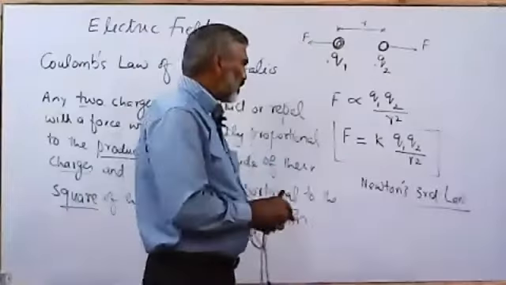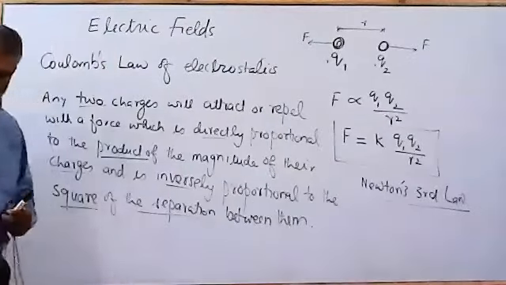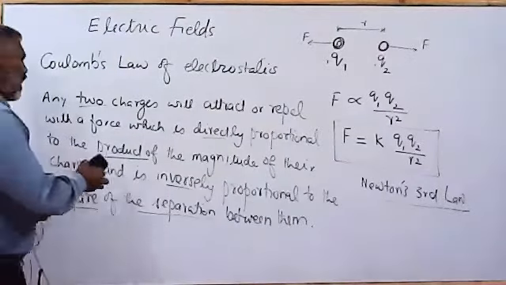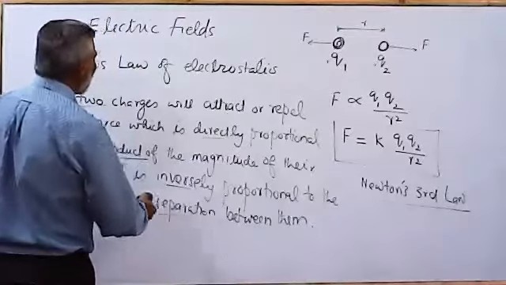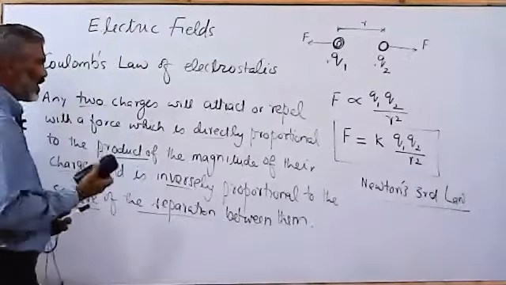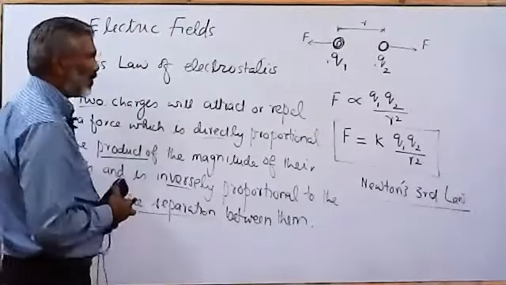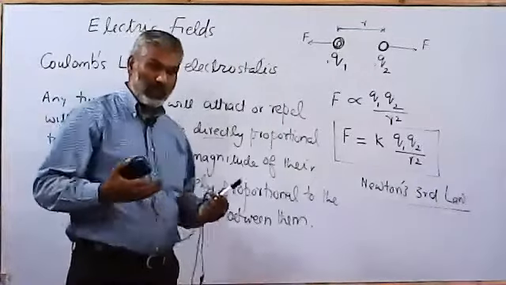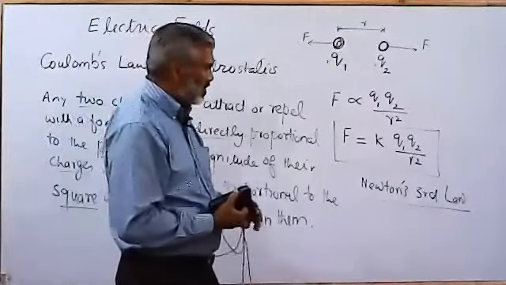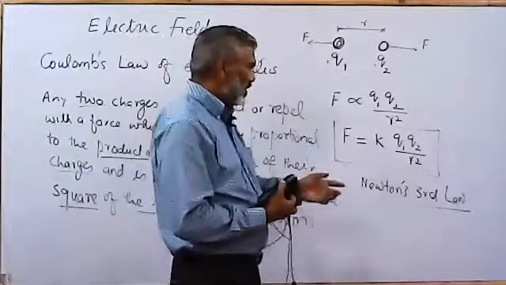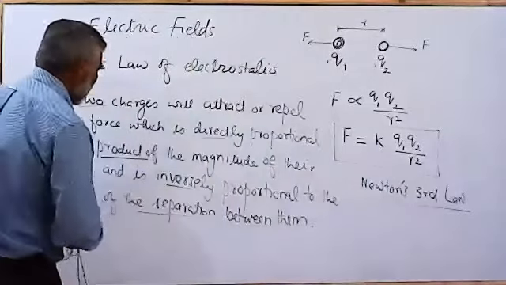Now, come to this formula, how we use this formula to calculate various forces when we know charges, when we know their separation, and what is this K basically. Let's elaborate on these few points.